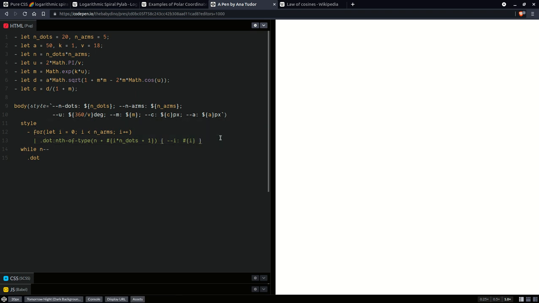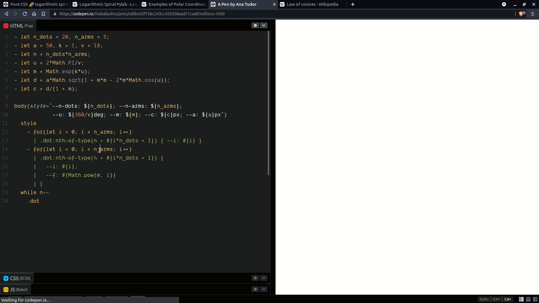Now we're going to have a second thing right here. We're also going to set a factor, and this factor here is going to be m raised to the power of the loop.